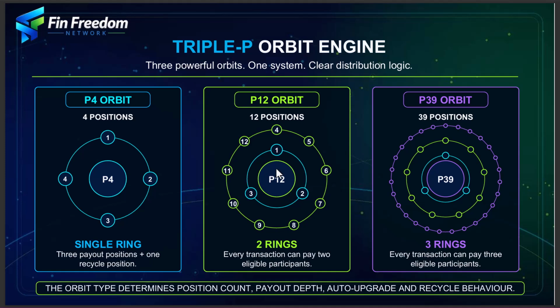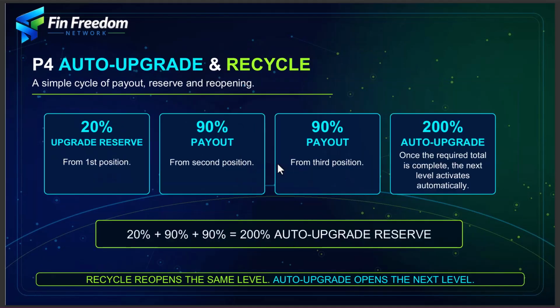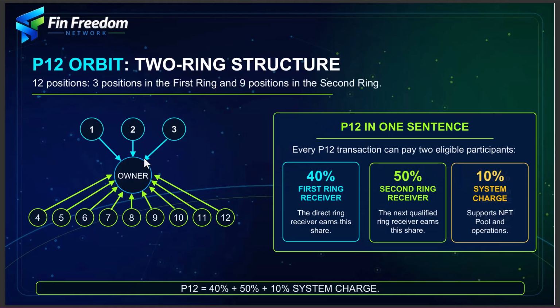On the other hand, on P12 orbits, on your first ring, first 1, 2, 3, you are going to earn 40%. 50% will go to your partner, 40% will come to you.